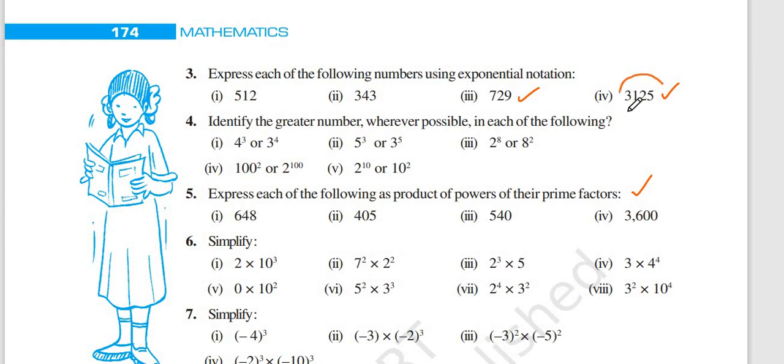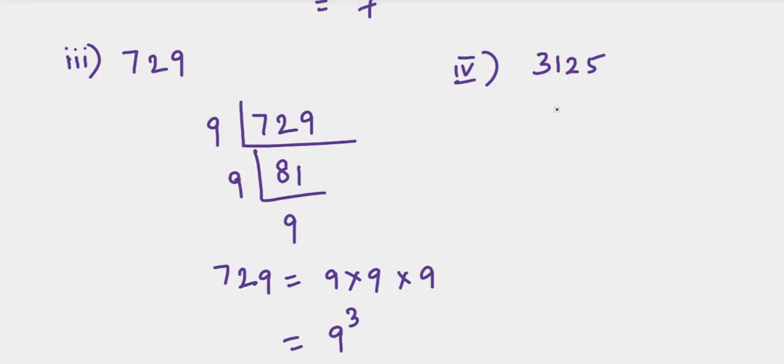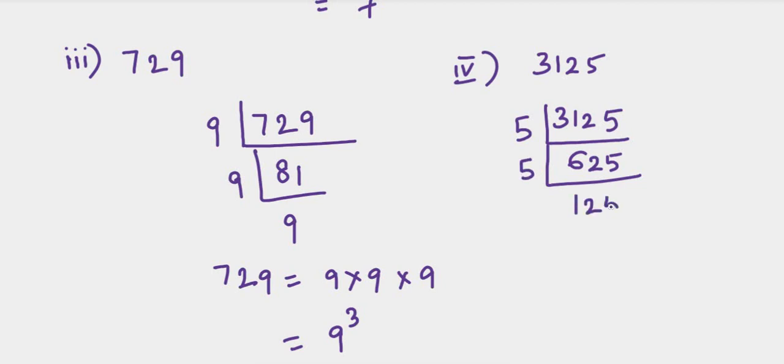Question 4, 3125. 3125, it ends with 5. So definitely 5 table is possible. 625, 5 6 5 2. So next again ends with 5. So 125. So again 5 table. 25, again 5 table. 5 5.